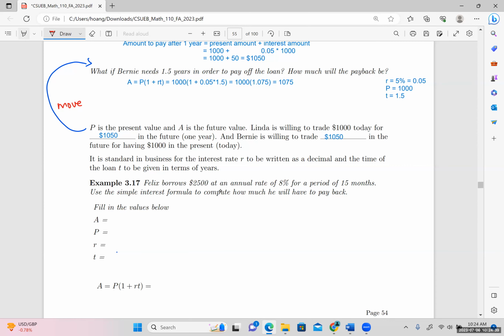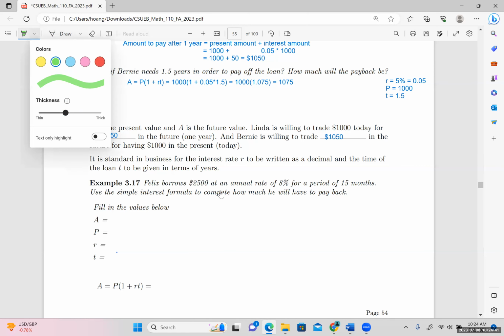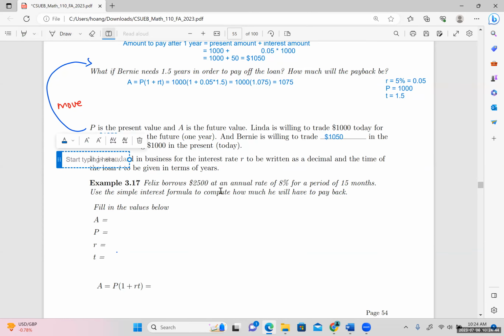So we need this note: rate is always in decimal and time is always in years. Okay, so we don't mess up with unit. All right, now let's practice with the next examples.